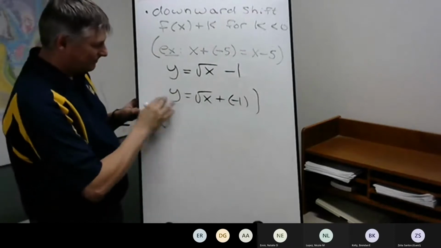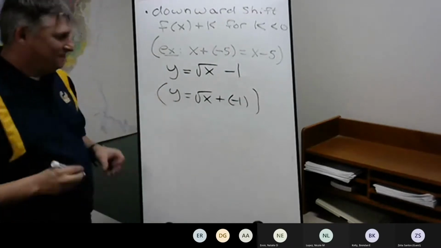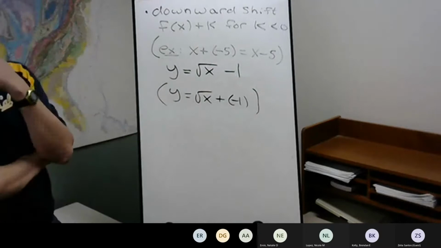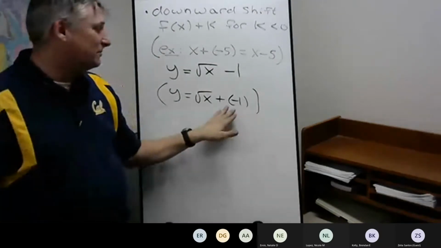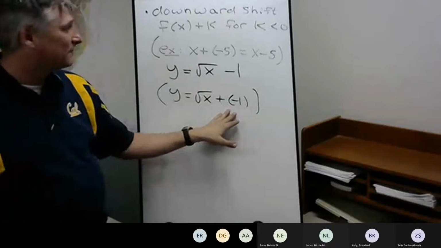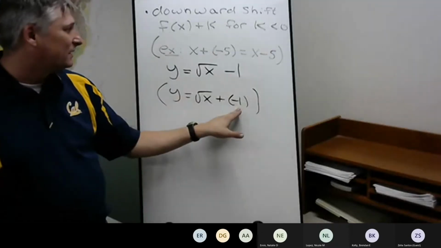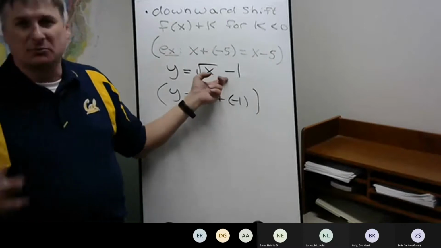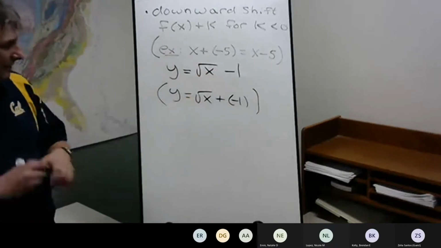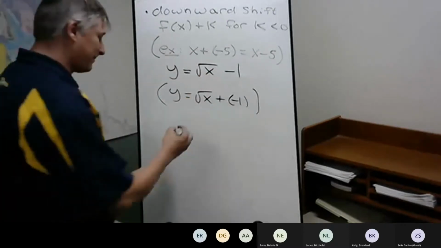Same idea. You usually see it as subtraction, but for whatever reasons, the textbook has decided to go with this approach, which is the k less than 0. And we're adding this negative k. But you can just rewrite it as subtraction. That's fine. So let's do our XY chart.